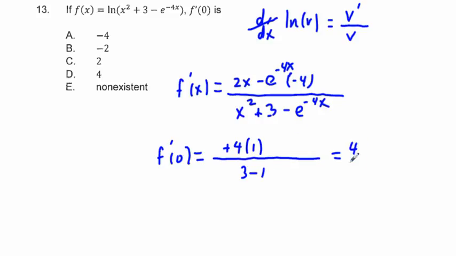So we're going to get 4 over 2 equals 2. So our correct answer for 13 is C.